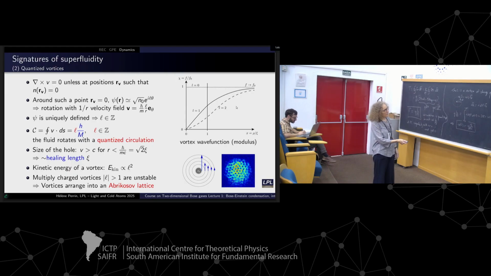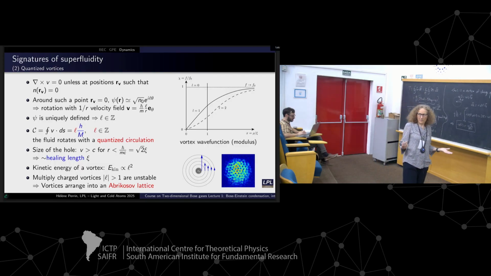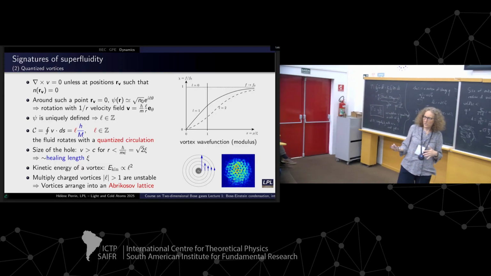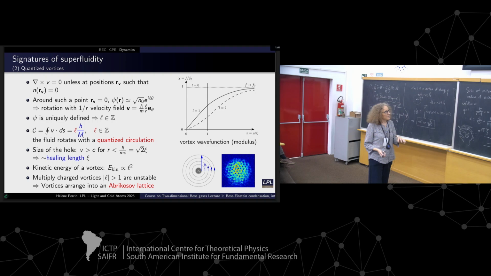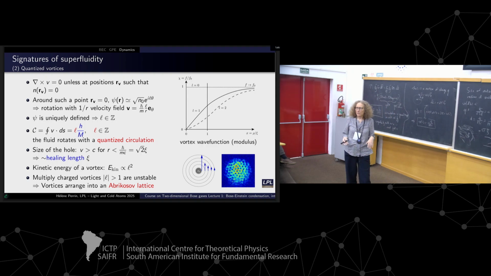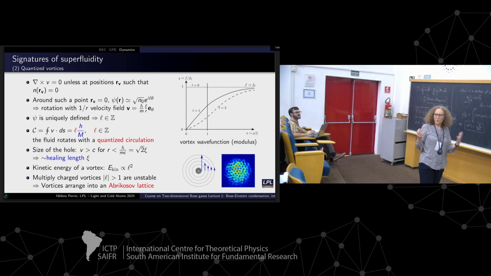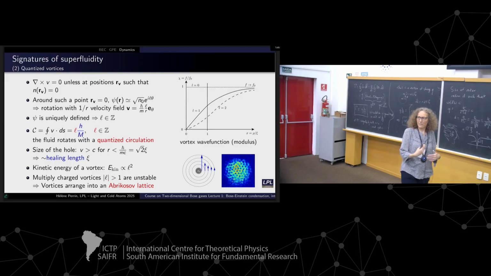This is the velocity field, and as I said, charge larger than 1 is unstable, and what's happening when you have a multiply charged vortex is that it decays into a lattice of vortices, a vortex lattice. And this picture is an example taken in my lab, where what we do is to rotate a BEC.